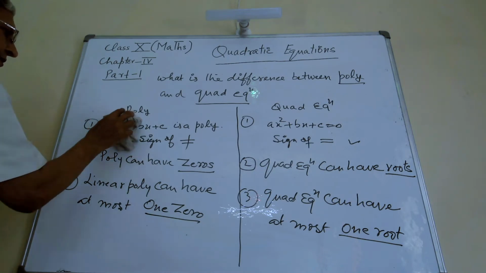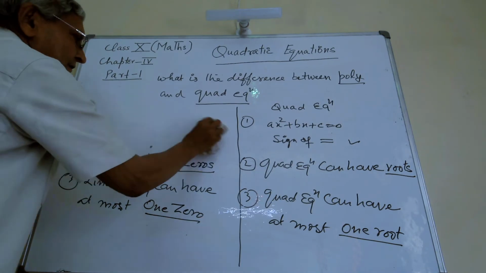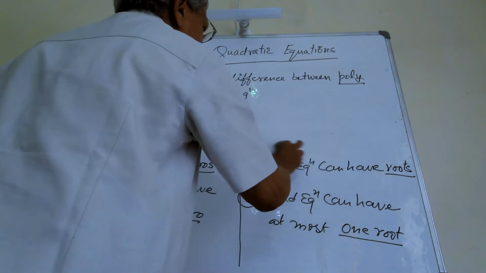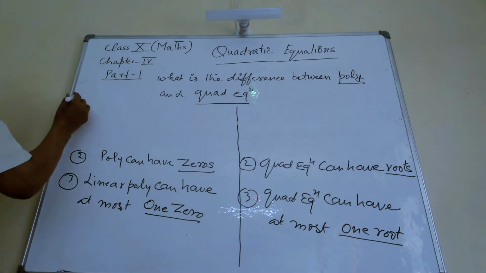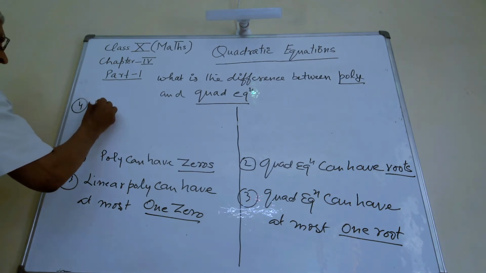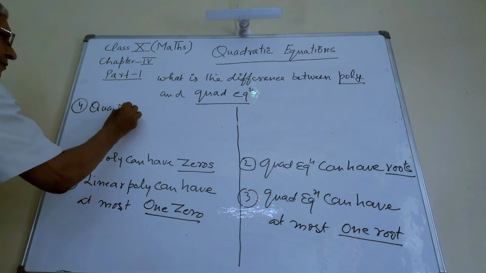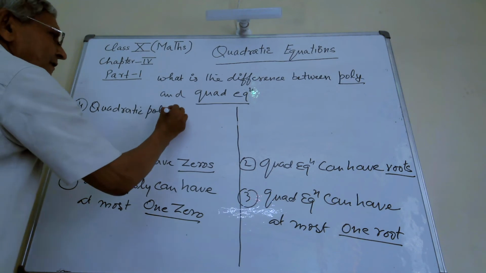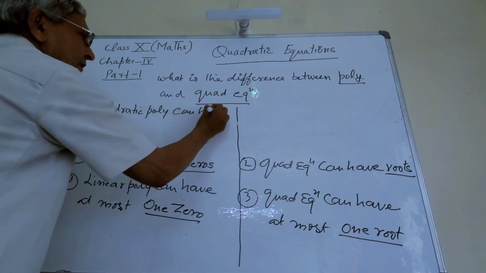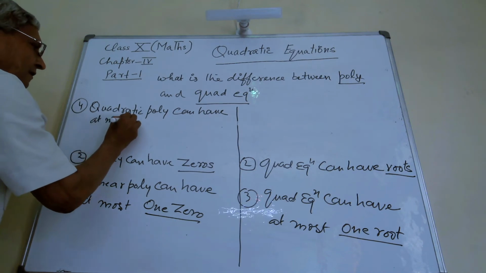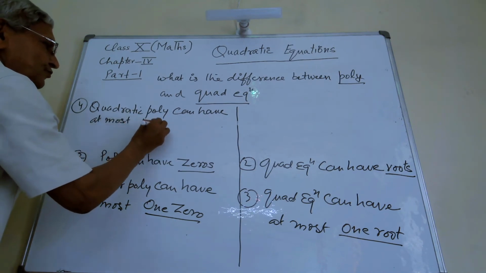Fourth, a quadratic polynomial can have at most two zeros.